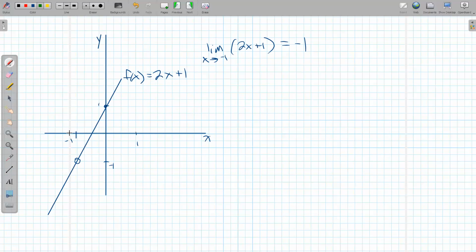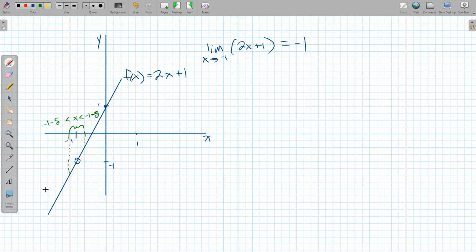So we're going to say this right here are the boundaries I'm setting for delta. Here in the middle is x equals -1, and x could be on the left side or the right side. So this interval right here is x between -1 minus delta and -1 plus delta.